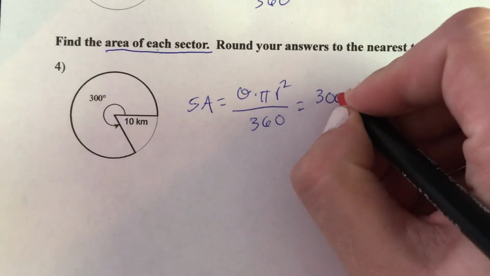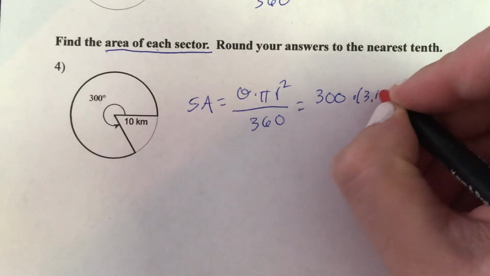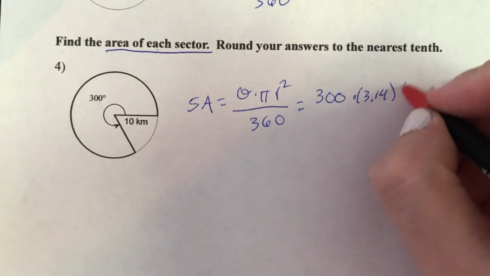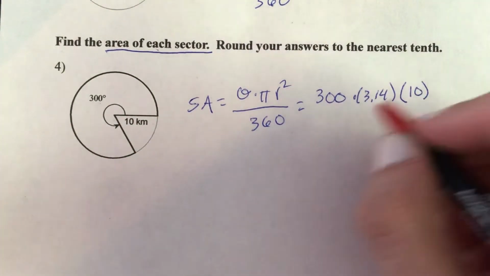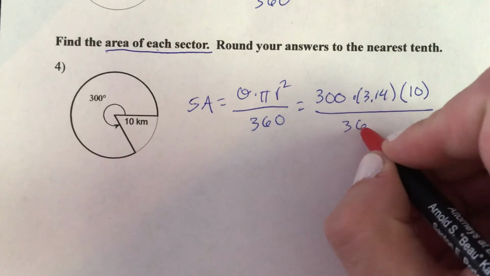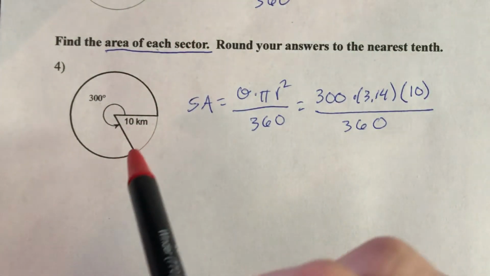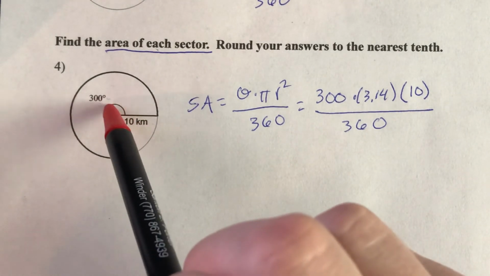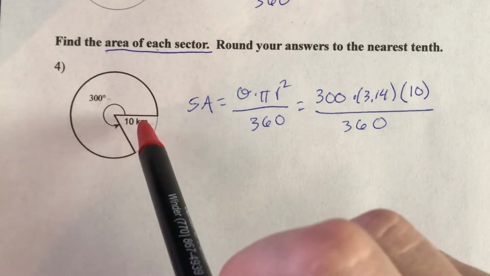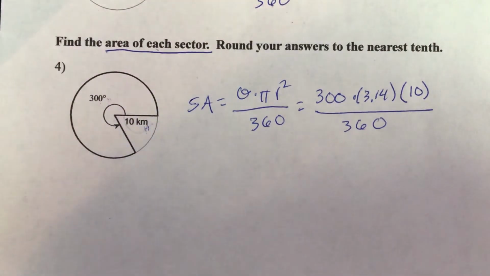So I'm just going to plug that in, times 3.14 times my radius, which is 10, divided by 360. And another way to tell the radius and the angle apart is not only that the degree is always with the angle, but your radius will always have the units with it. So that's another way to remember that.